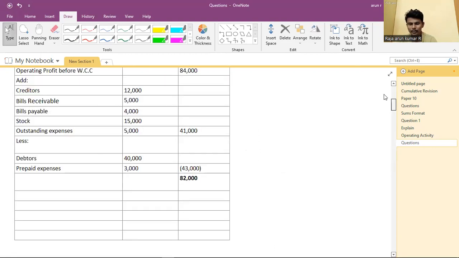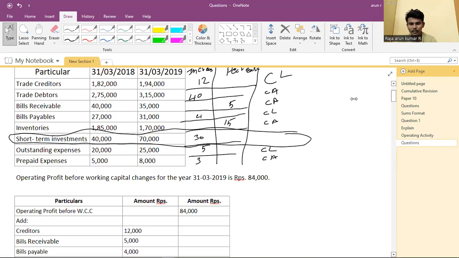The above question also does the same. There is an opening balance, there is a closing balance. The difference of opening and closing is the working capital change. Then only you can do the working capital changes. Opening minus closing gives the working capital changes.